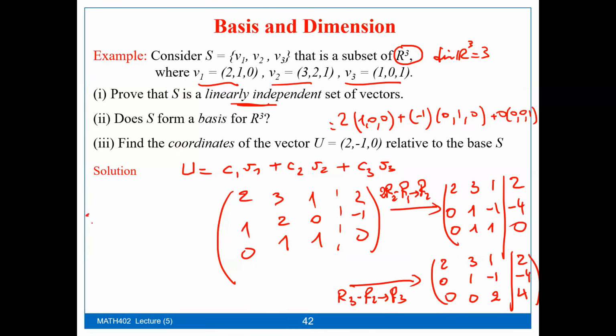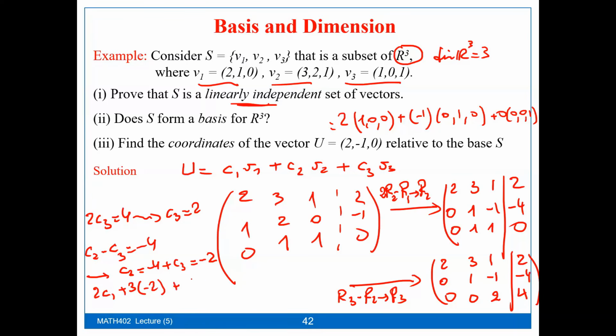This means that 2C3 is 4, so C3 is 2. C2 minus C3 equals minus 4 means C2 is minus 4 plus C3, which is minus 2. And 2C1 plus 3C2 plus C3 equals 2 means that C1 is 3, I think.